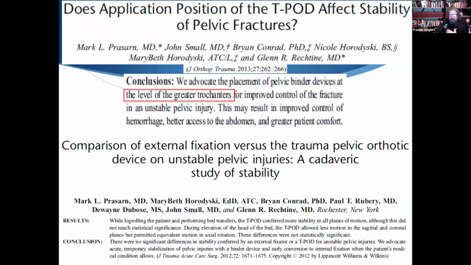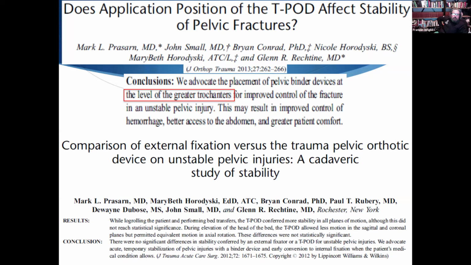One of the big problems with pelvic binders is they're generally placed too high. So we want to center them on the greater trochanters of the femur. If you feel laterally on your hip, you feel the trochanter of your femoral head, that's where you want to center it.